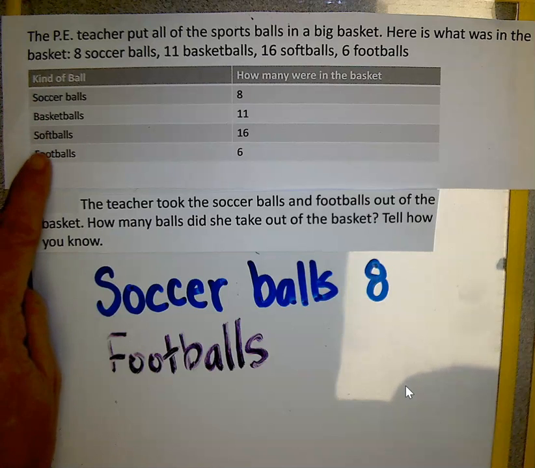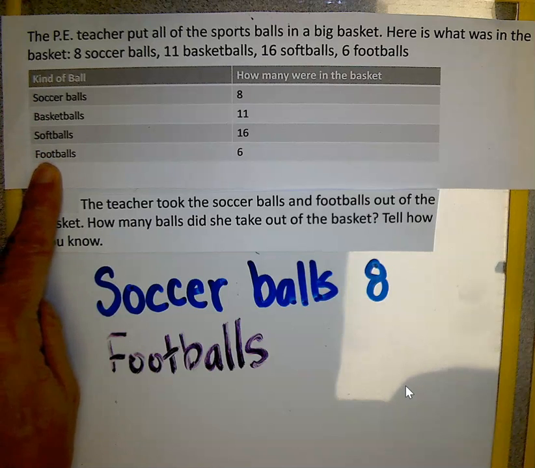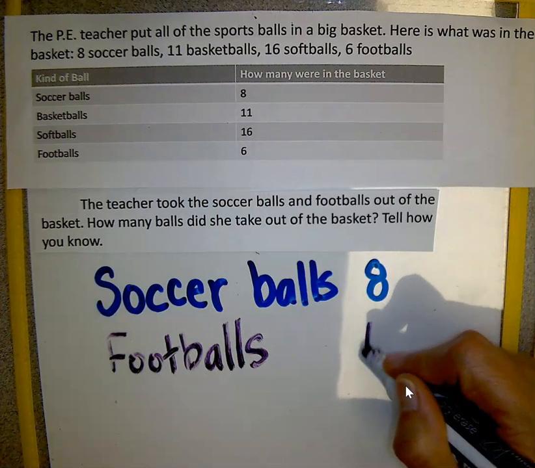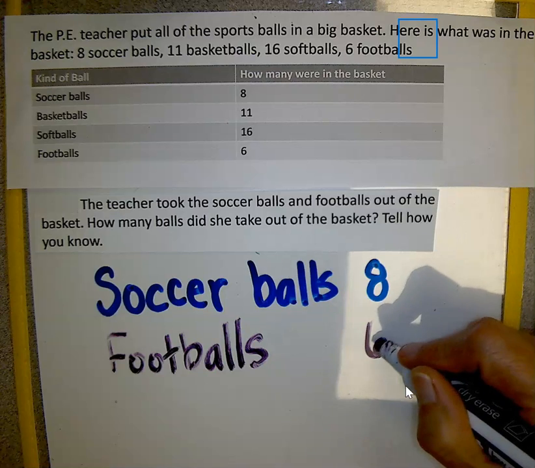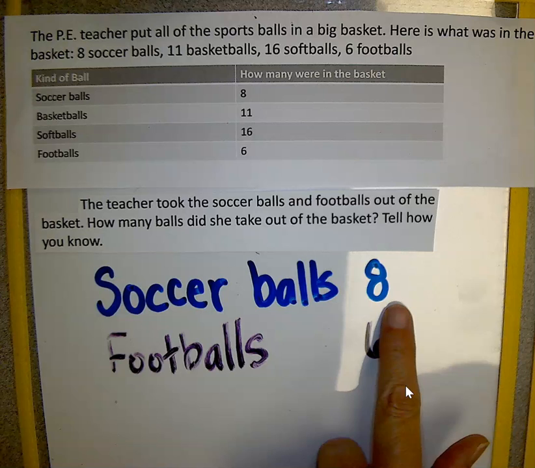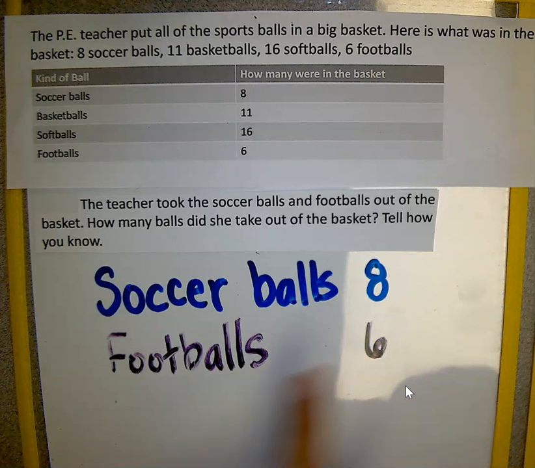I'm going to go down until I see footballs and then go across. She took 6. So now we know the teacher took out soccer balls. She took out 8. And footballs, she took out 6. How many balls did she take out of the basket?